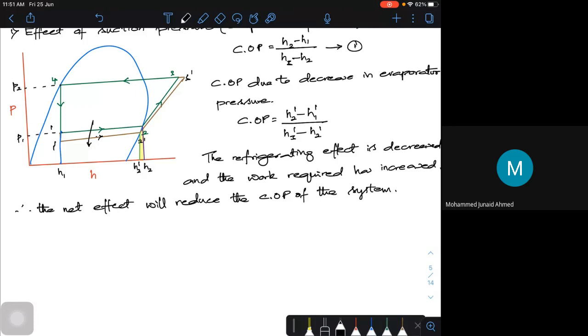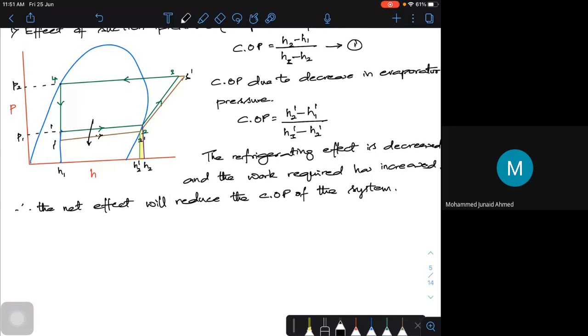Now let us see what will happen if I increase the delivery pressure. We have seen the effect of decreasing the evaporator pressure. What will happen if I increase the pressure in the condenser?